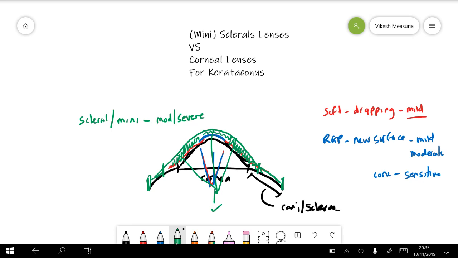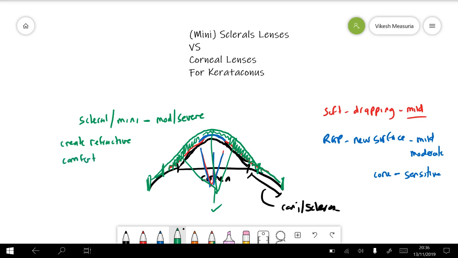The main benefit is that it creates a whole new refractive surface, which gives us the really good, stable, clear vision that we want. Because the lens is very large, it doesn't tend to move around much, so the vision is very, very stable. And because there's a lot of tears pooling behind that lens, it's really good for comfort as well.